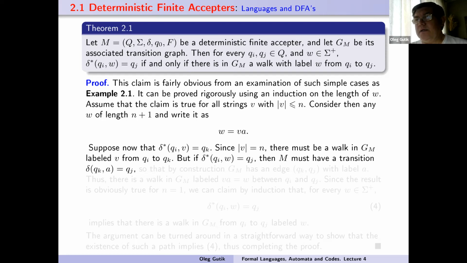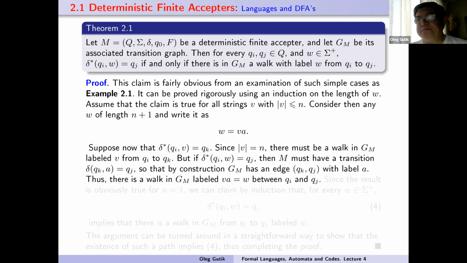But if delta of (q_k, a) is equal to q_j, then the deterministic finite acceptor M must have a transition delta of (q_k, a) equal to q_j. So by construction of the graph G_M, there is an edge from q_k to q_j with the label a.